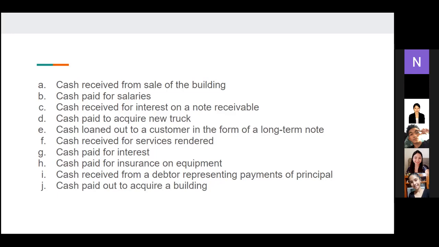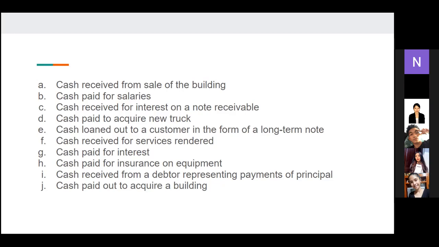And sa letter C naman, si Miss Zamora. Cash received for interest on a note receivable. I-classify muna natin yung note receivable. So, ang note receivable is asset, di ba? Yes po.